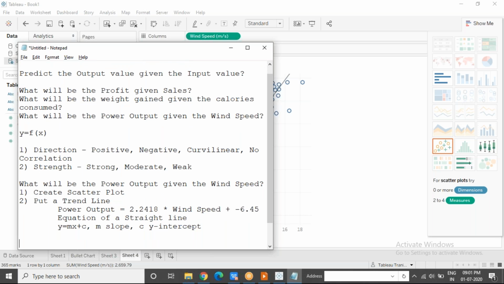Next, what are we seeing on the trend line? We have seen something called R squared value. This is the coefficient of determination.